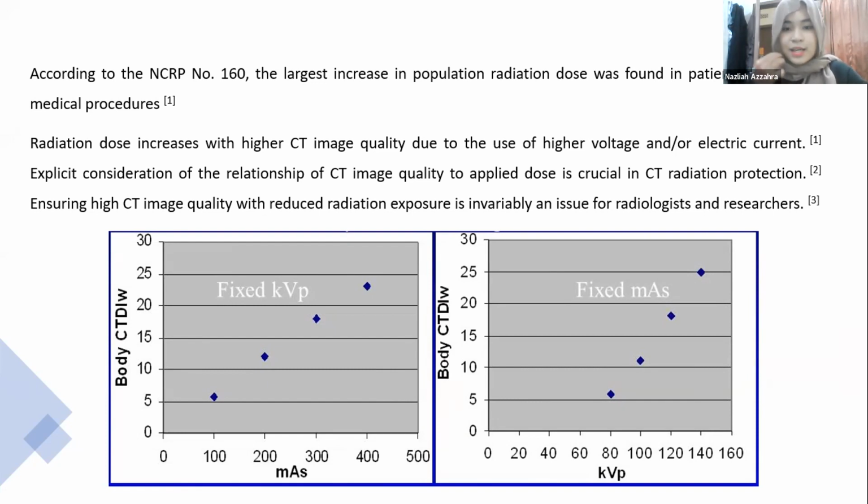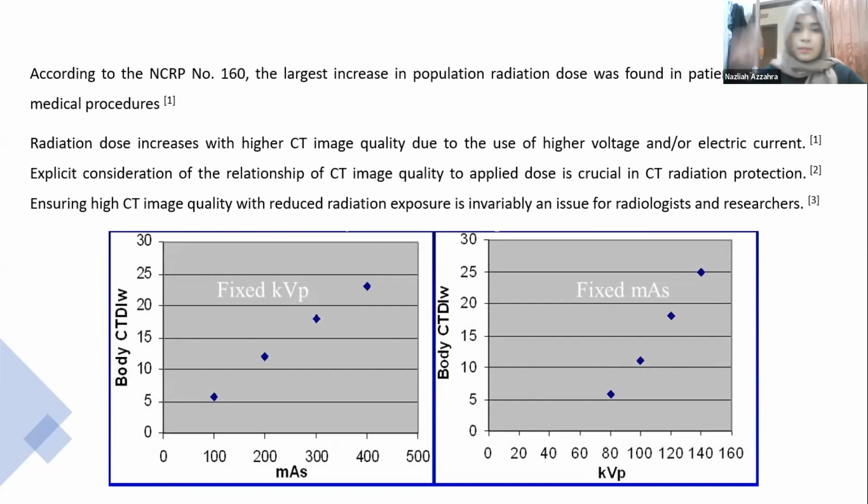As we can see in the picture below, when we increase the mAs or kVp, the CTDI or CT dose index will also increase.